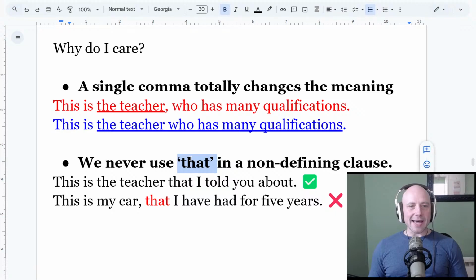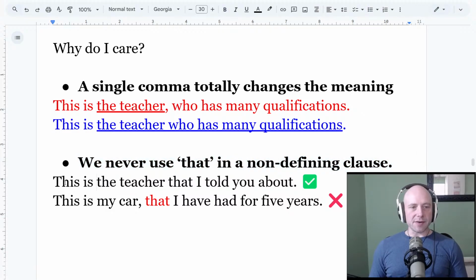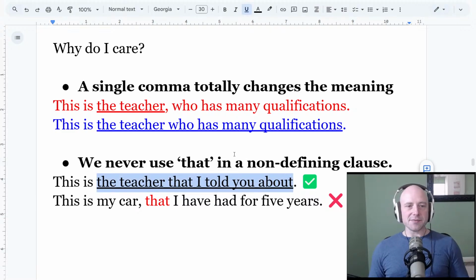And we never use that in a non-defining clause. Now, this is not strictly true because when speaking, someone might use that. However, according to correct grammar, especially when writing, we should not use that in a non-defining relative clause. So in a defining one, this is the teacher that I told you about. That is fine.